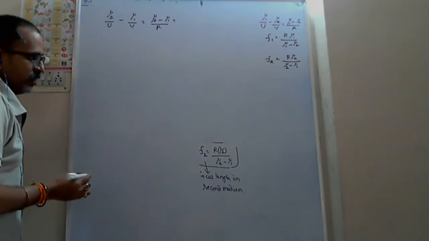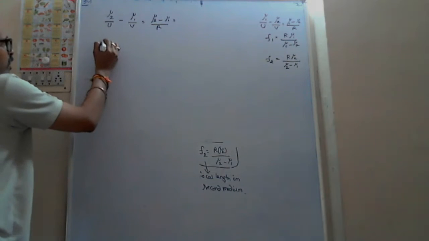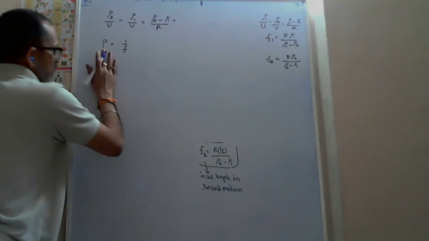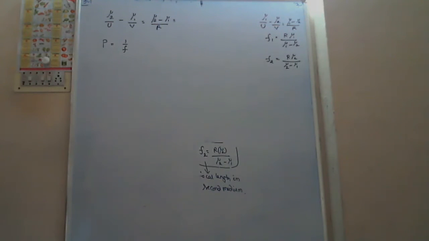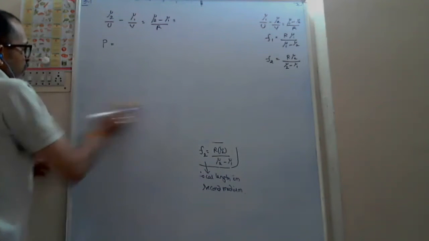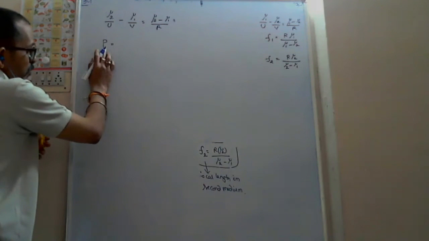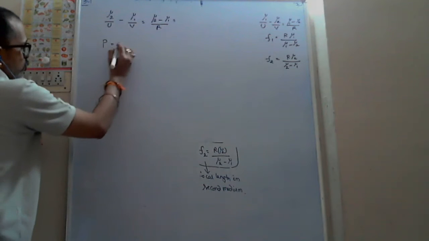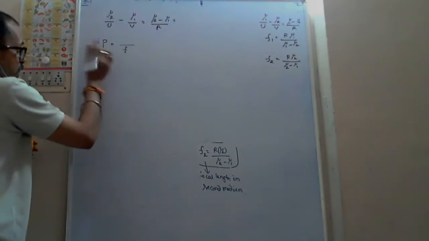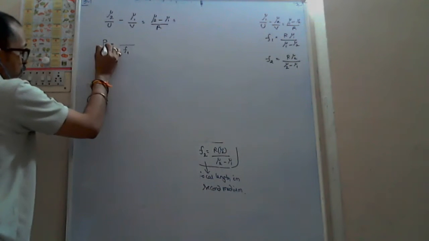So generally we say power equals 1 by f, but this is for lenses. But here power depends upon the medium also. So don't say here reciprocal of focal length. Again, power depends upon the medium also.